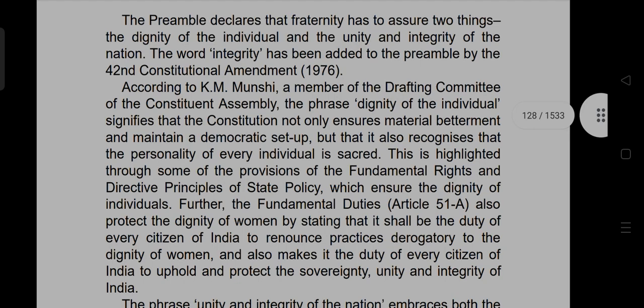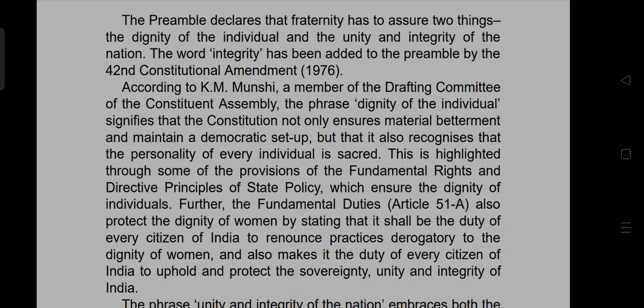The preamble declares that fraternity has to assure two things: the dignity of the individual and the unity and integrity of the nation. The word integrity has been added to the preamble by the 42nd Constitutional Amendment, 1976.